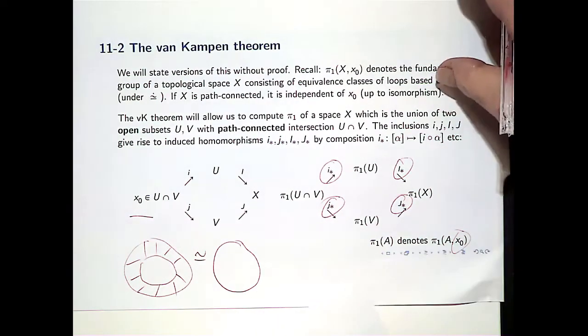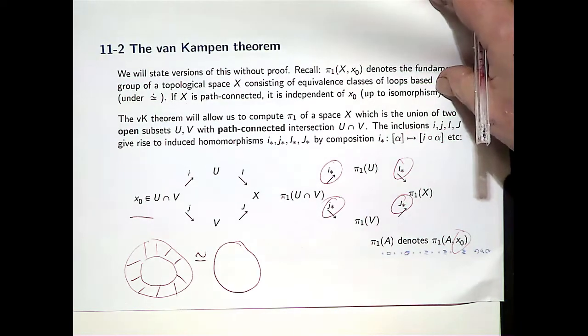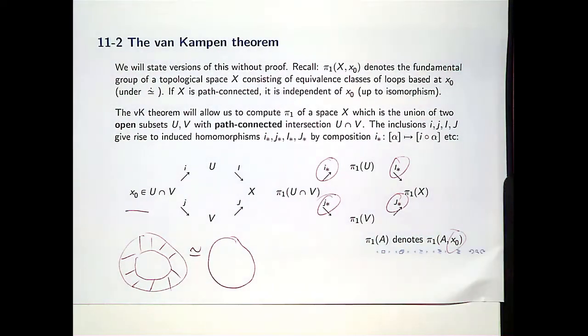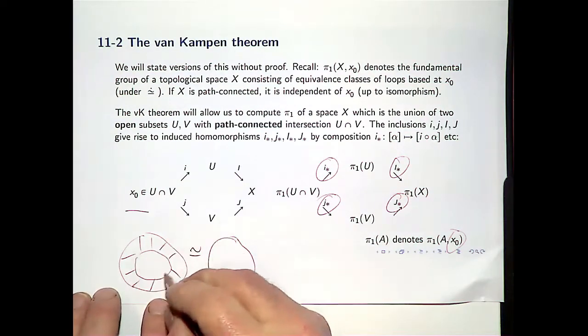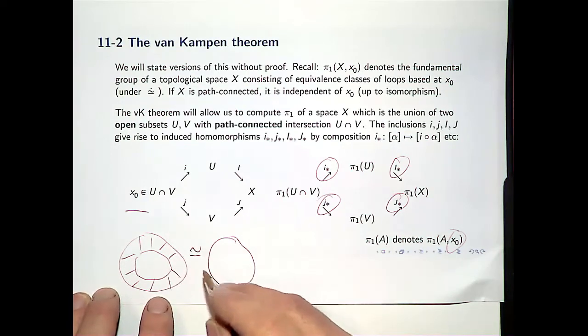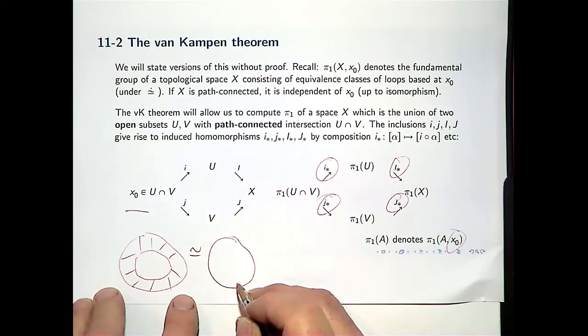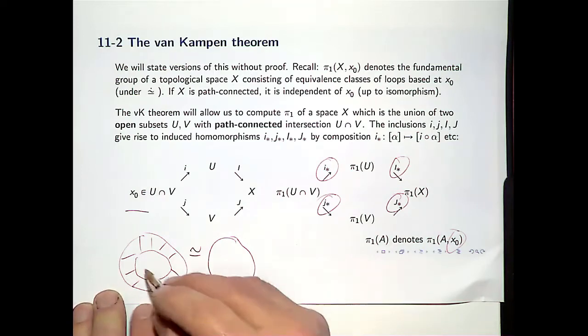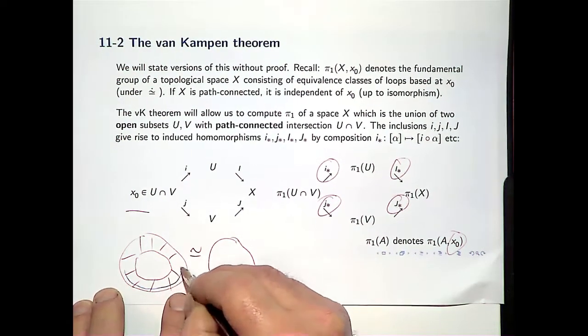So that's this next slide. I hope this is sort of intuitively clear. If we fix a base point, let's take the circle here to be this circle here.